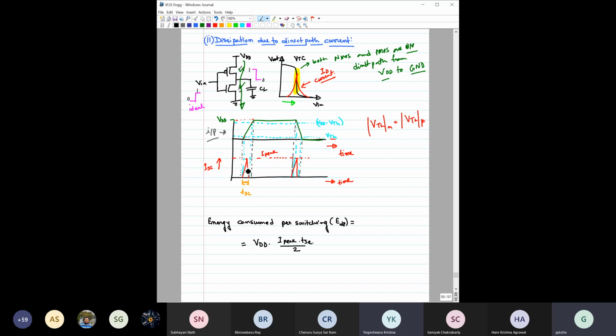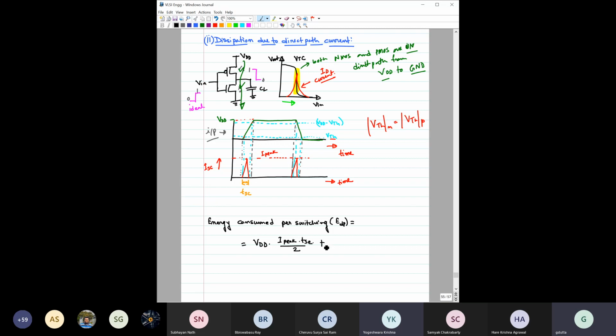Basically we are trying to find the area here. This is current, this is time. If you integrate current with respect to time, you get charge. Voltage into charge gives you the energy. So VDD into I peak T of SC by 2 gives the energy consumed during this time from VDD. And this is the rise part.